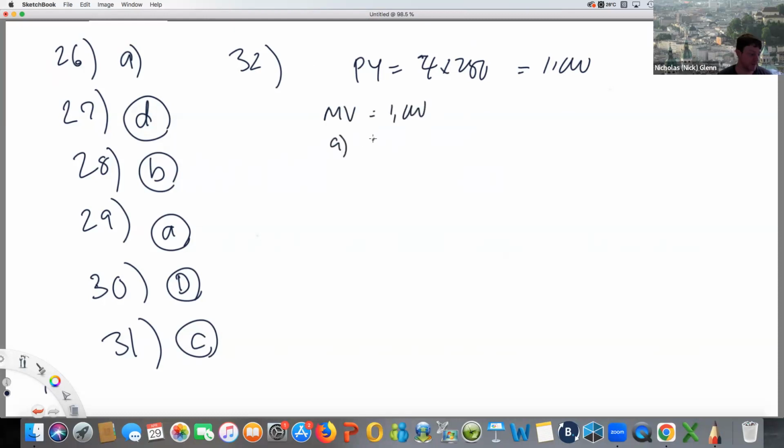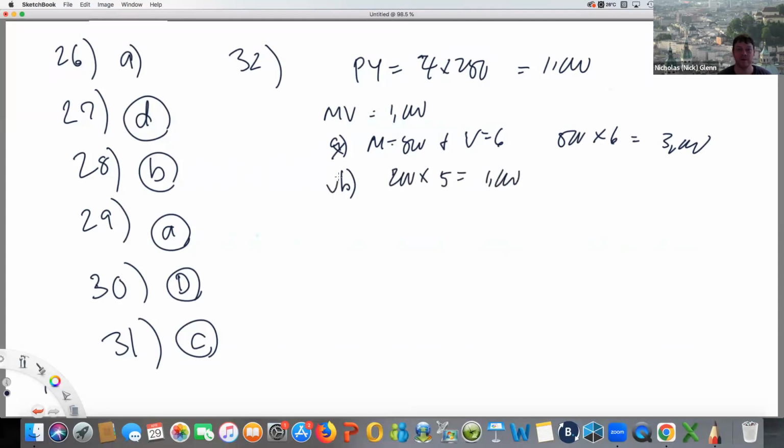So what was A? M equals 500 and V equals 6. So it's 500 times 6 equals 3,000. So it's not A. What about B? 200 times 5, 1,000. So it could be B. So yeah, B is one of the answers. That may not be it, though.